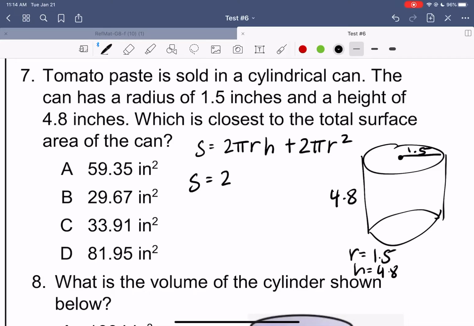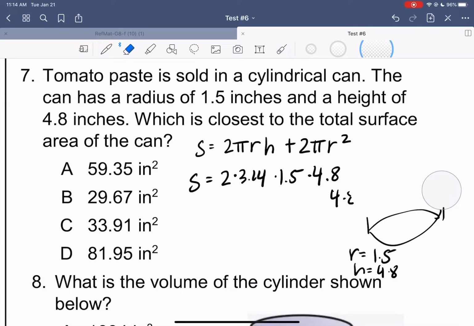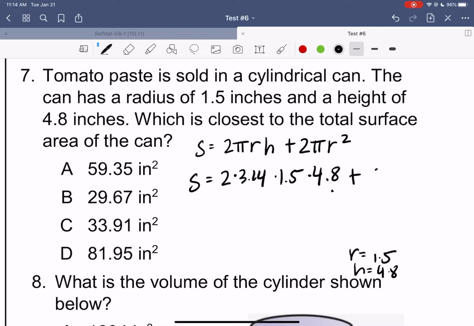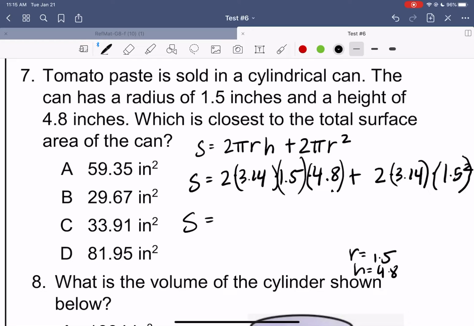So we can go ahead with 2 times 3.14 times 1.5 times 4.8, plus 2 times 3.14 times 1.5 squared. If you put that directly in your calculator, you'll be able to get it. I'll use parentheses, with each of those being multiplied.